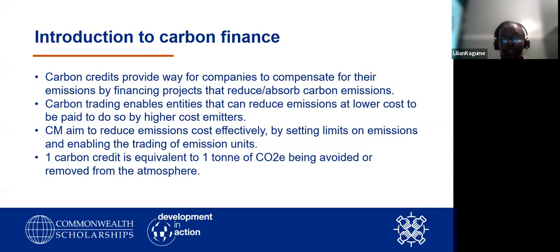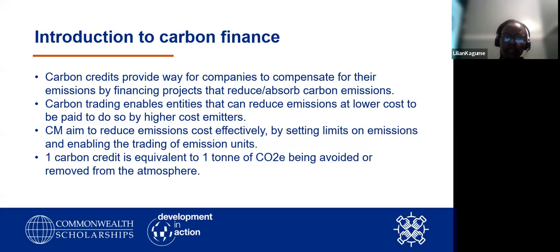So when we talk of avoidance, we have projects that are basically looking at avoiding any emissions from being emitted to the atmosphere, either through efficiency improvement, like for example, if we are doing improved cook stoves where in the baseline you are avoiding use of a highly emitting technology, like for example, what is very popular in Africa, the 3-stone technologies. And then we have the removals, maybe when we refer to projects like forestry, mangrove that directly absorb carbon from the atmosphere.